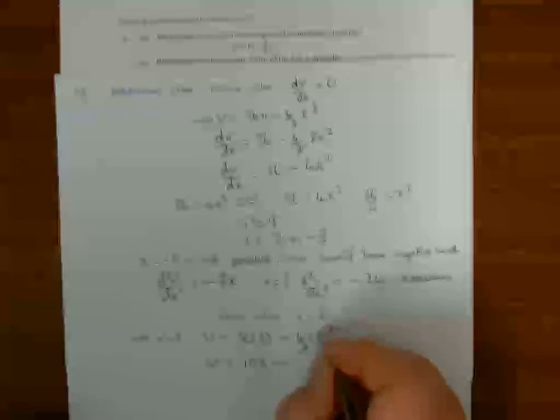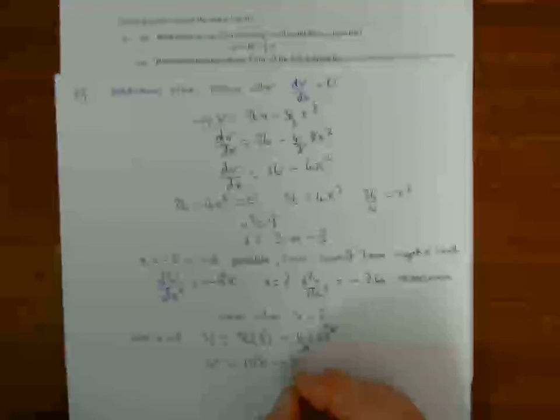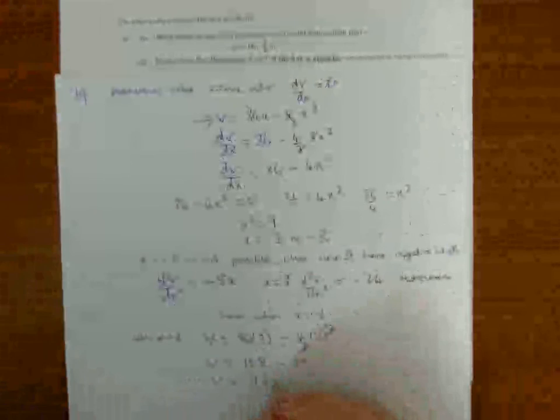So 36 times 3 is 108, minus, and then I've got 3 cubed and I've got 3 on the bottom, so that 3 will cancel to leave 3 squared. 3 squared is 9, times 4 is 36, and 108 take away 36 is 72, and the units are in centimetres, so that's 72 cubic centimetres.